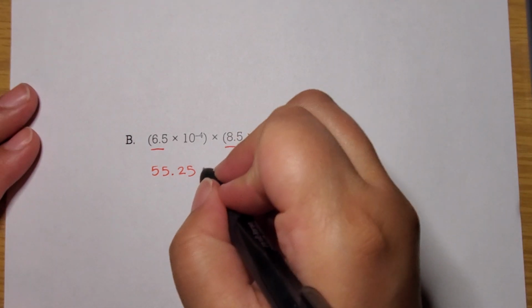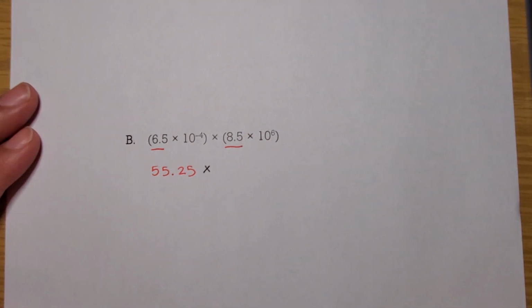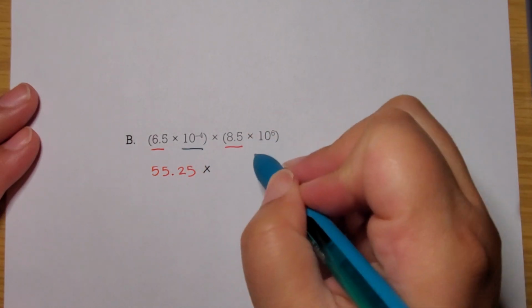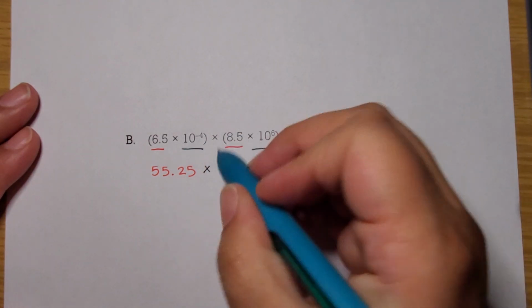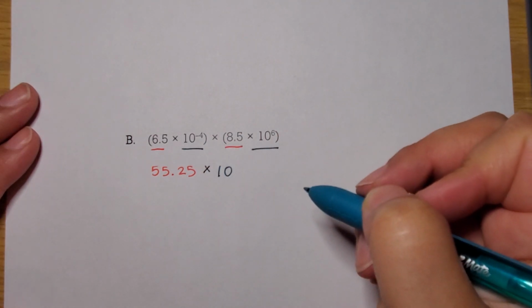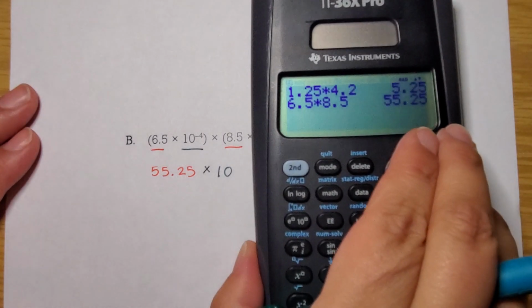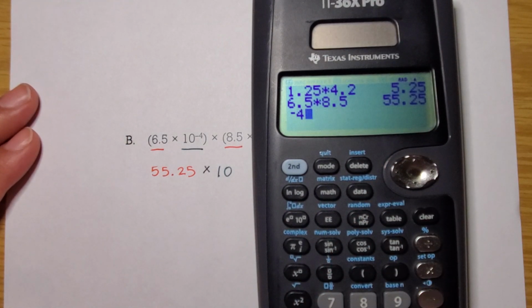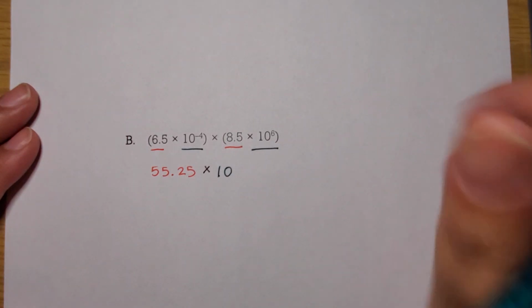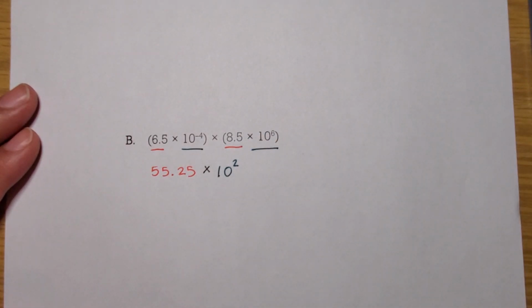Then we'll bring down our times here. And then let's do the exponent pieces, 10 to the minus 4 and 10 to the 6. So we're going to add those exponents together. Negative 4 plus 6 is a positive 2. So we get times 10 squared.